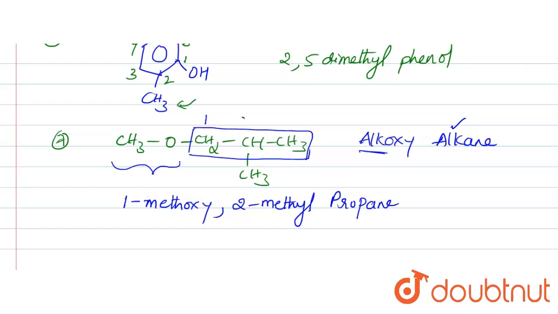So it is 1, it is 2, it is 3. So 1-methoxy means this is treated as an alkoxy group, and remaining is alkane. But in the alkane we have the substituent, that is methyl group. So 1-methoxy-2-methylpropane is the name of the compound.